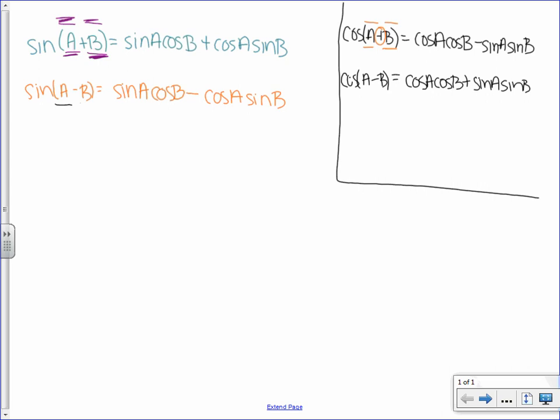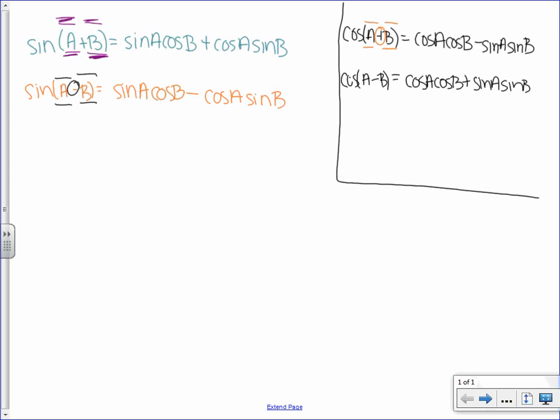So I do sine, cosine, keep it a minus, cosine, sine. So when I think of the sines, I go sine, cosine, cosine, sine. And then remember for cosines, it goes cosine, cosine, sine, sine. It's kind of the opposite of what you would think. The sine one doesn't change the sign in the middle.